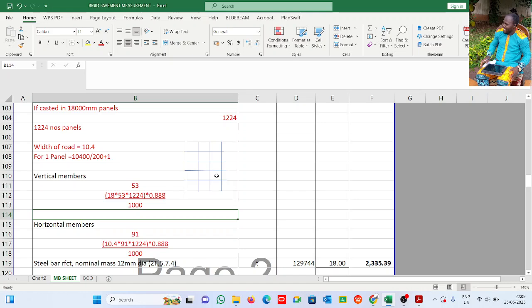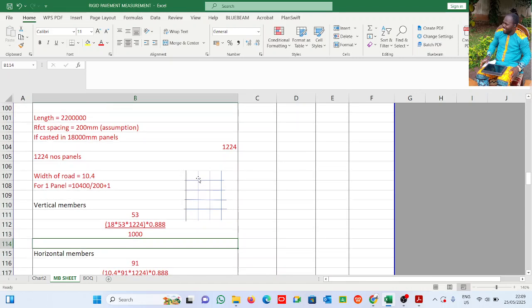So for me to know how many vertical members I am going to have, we divide by the width, because the width will determine how many vertical members. Now you see what I have here. This is 10.4. So this is 10.4 divided by a spacing of 200 mm.